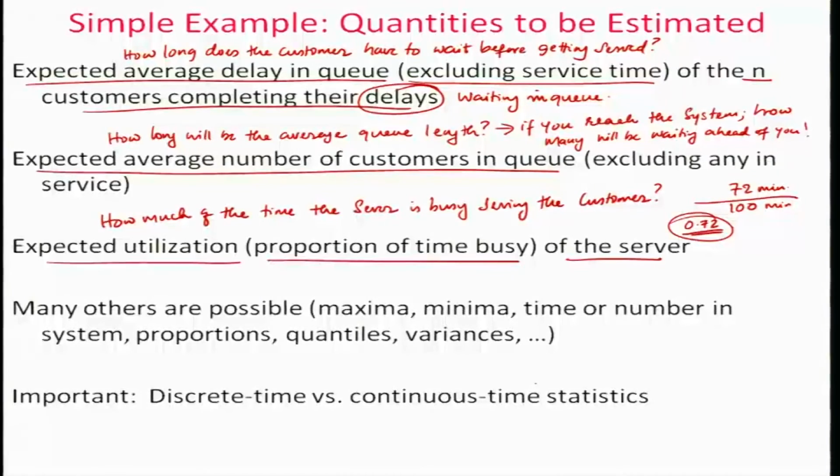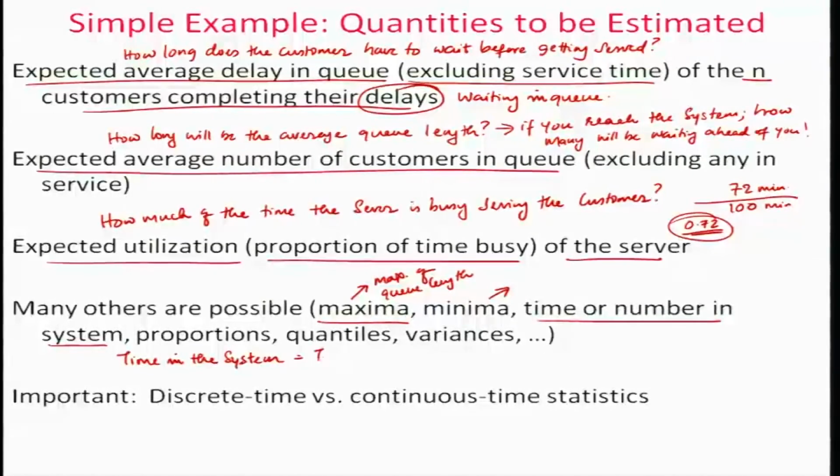Then come the other possible options. You have many other possible options. Those options include the maxima, so the maximum of queue length, maximum waiting time, that kind of thing. Then minimum, so how quickly. Then time or number in the system is another example. What is the time in the system? Time in the system is equal to time in queue plus time to be served.